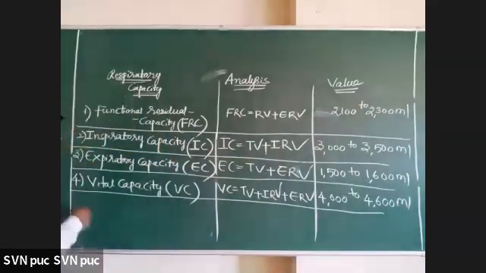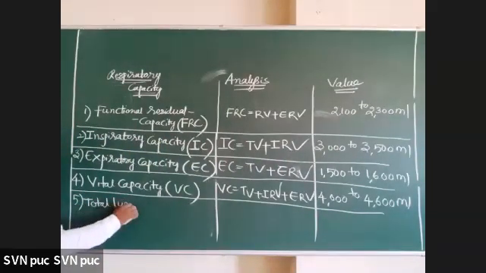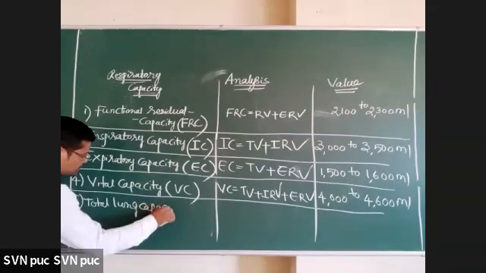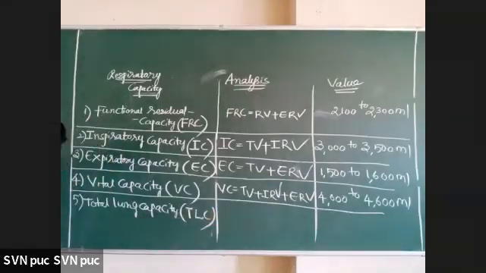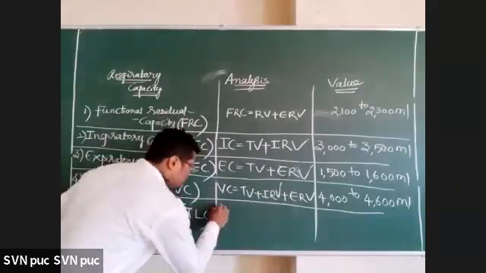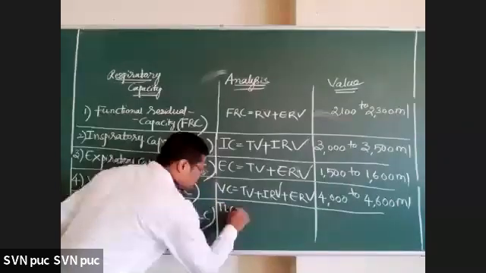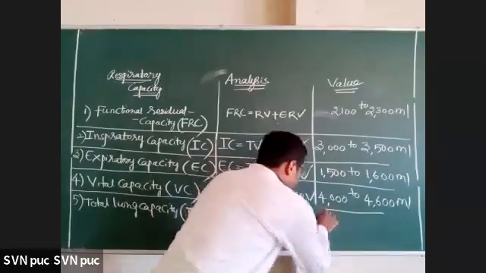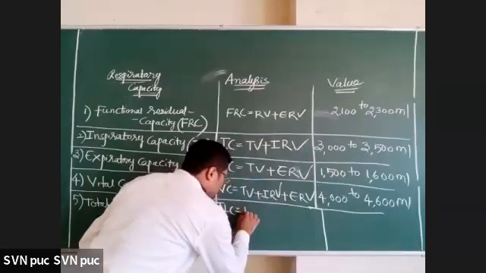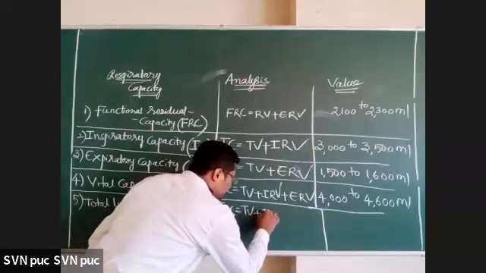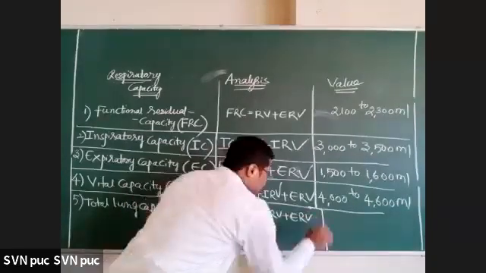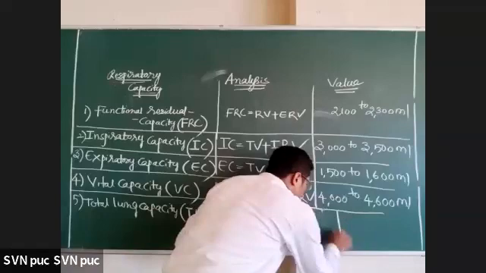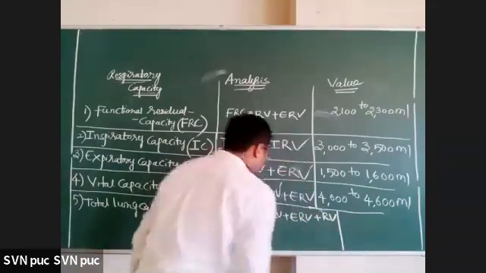Last one, total lung capacity or TLC. Total lung capacity or TLC is equal to tidal volume plus inspiratory reserve volume plus expiratory reserve volume plus residual volume.